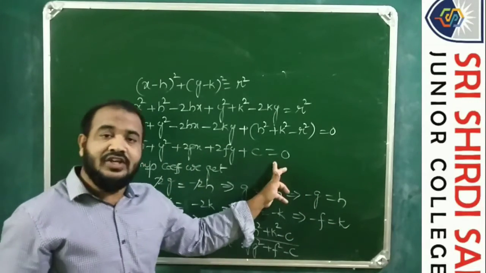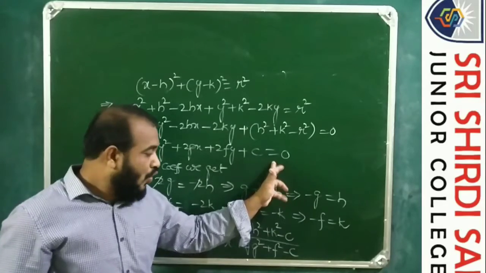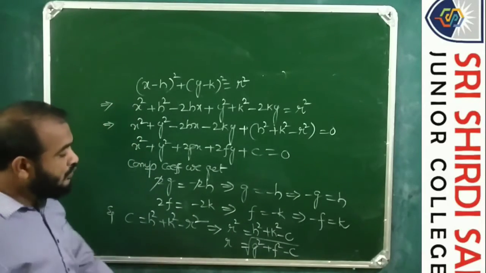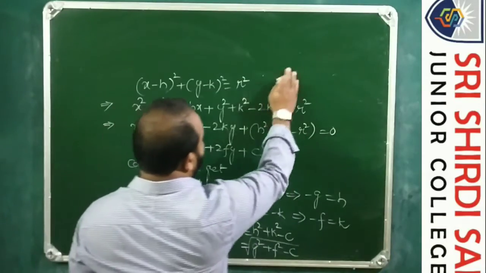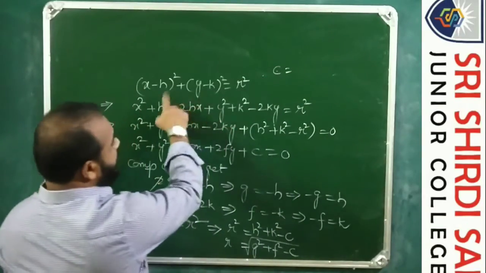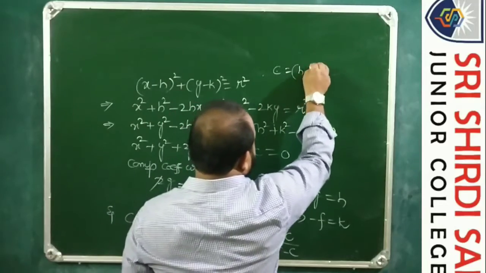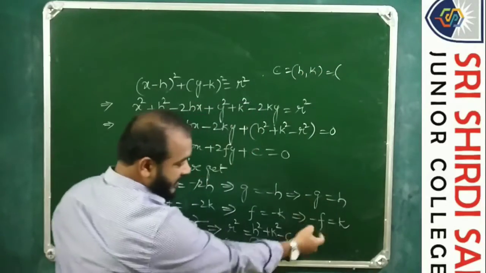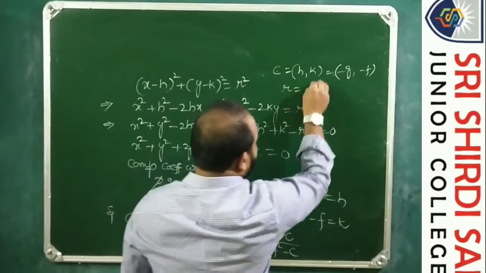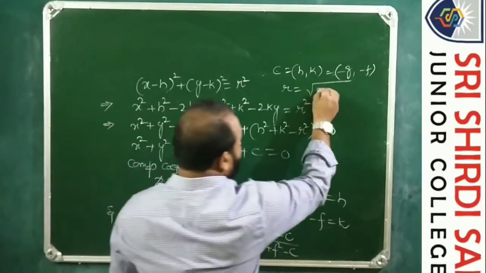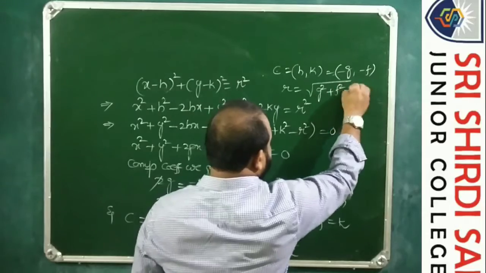This is called the general equation of a circle whose center is here. What is the center? h comma k is the center, and that center is minus g comma minus f, and radius r is equal to the square root of g square plus f square minus c.